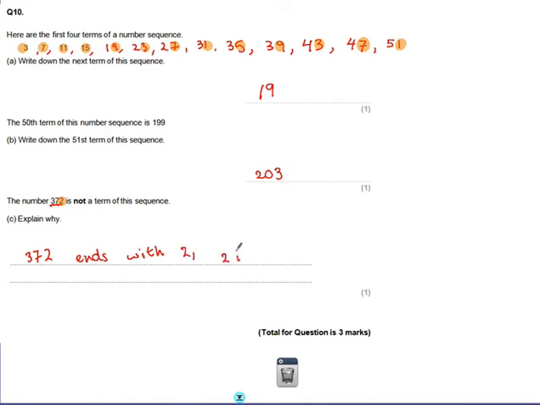The sequence is always odd. So 372 cannot be part of the sequence.